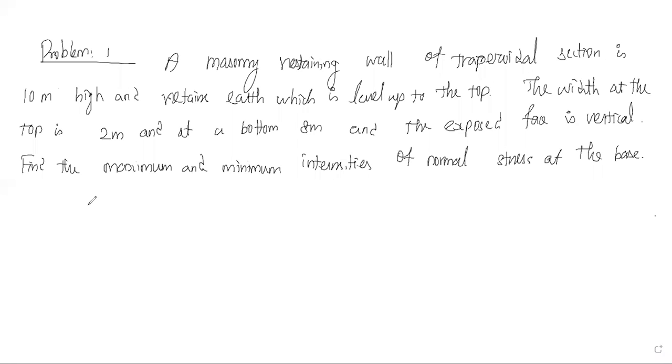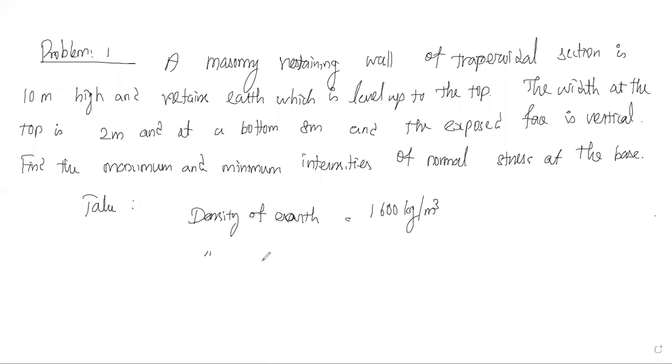So they have given that, take density of earth is equal to 1600 kg per meter cube.